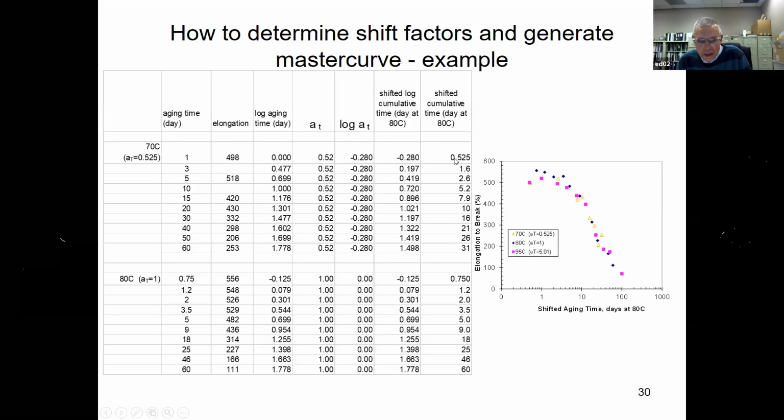this column right here is basically the shift factor multiplied by the aging time.